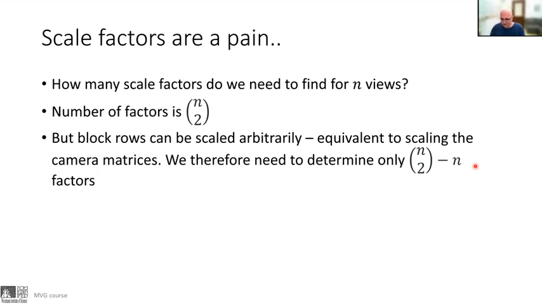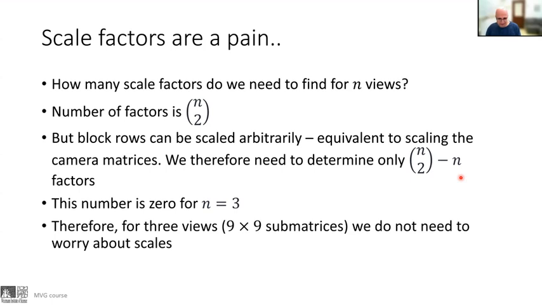And now, interestingly, if n is 3, then n choose 2 minus n is 0, which means that if we take 3 images and we have all 3 fundamental matrices, the 3-view fundamental matrix will be consistent even if we don't know the scales, because all this scaling of the matrices will be equivalent to scaling the cameras in this case, which is fine in projective spaces.